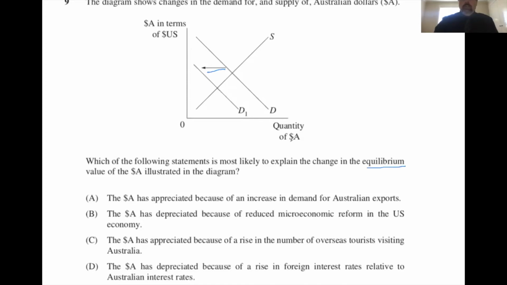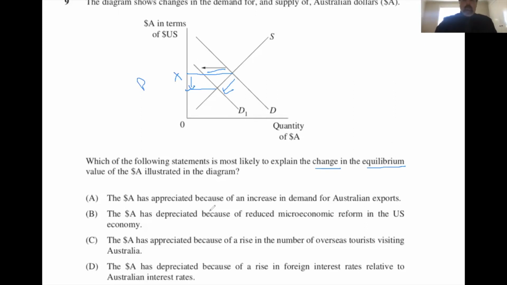So if we go to our original supply and demand curve and take that across there, that's our exchange rate at that particular point. The change in demand is a decrease, and therefore that's our new equilibrium level. So first of all, we can ascertain that the exchange rate, or the price of the currency, has decreased. Now we know that as a depreciation, okay?